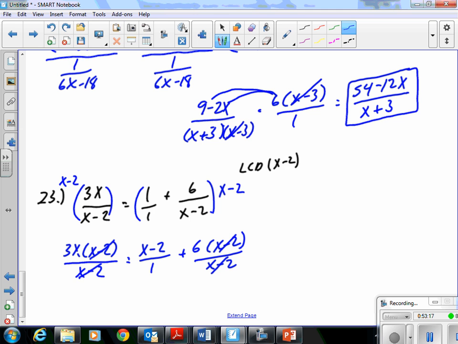Now I can rewrite this as 3x is equal to x minus 2, because x minus 2 over 1 is just x minus 2, plus 6.